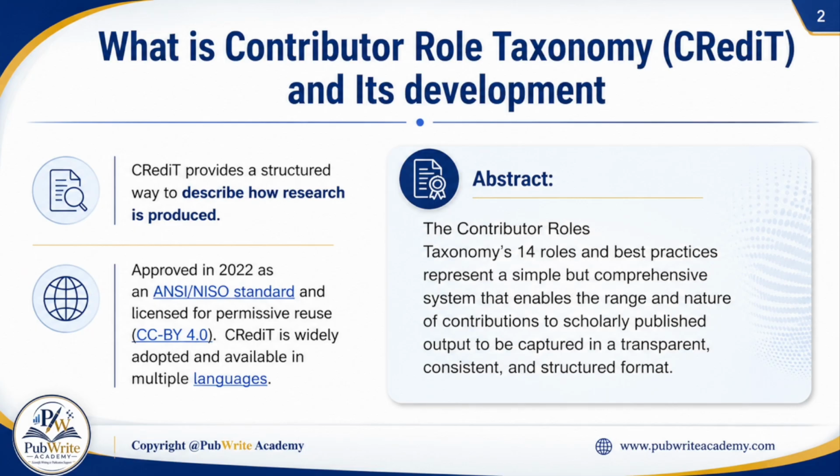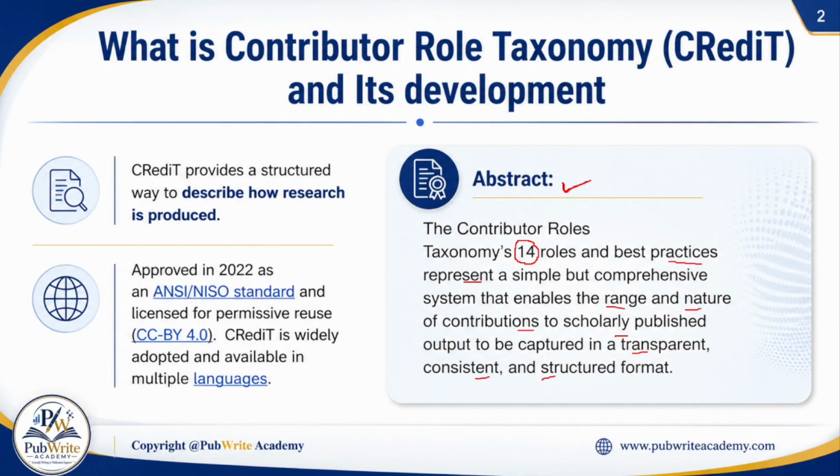If you read over here, the CRediT taxonomy contains 14 roles and best practices that represent a simple but comprehensive system that enables the range and nature of contributions to scholarly published output to be captured in a transparent, consistent, and structured format.